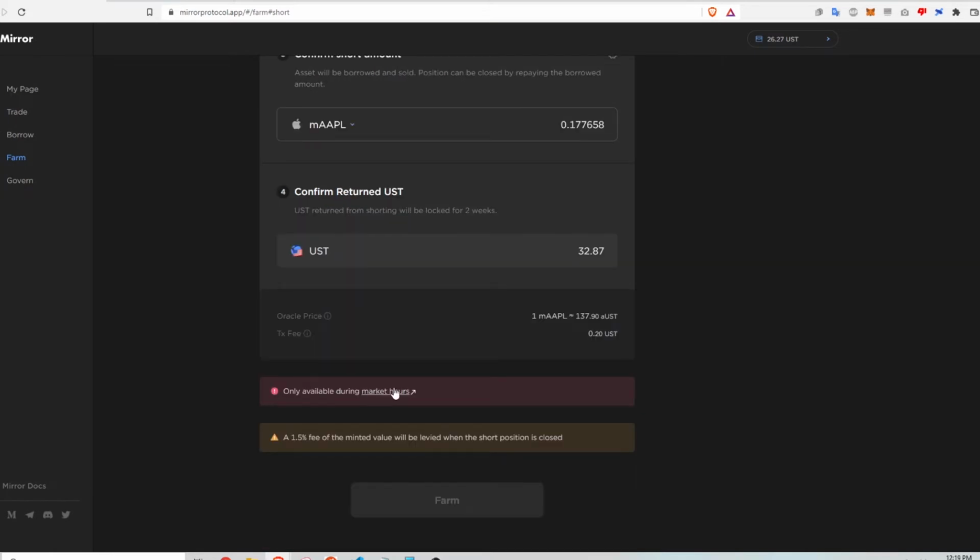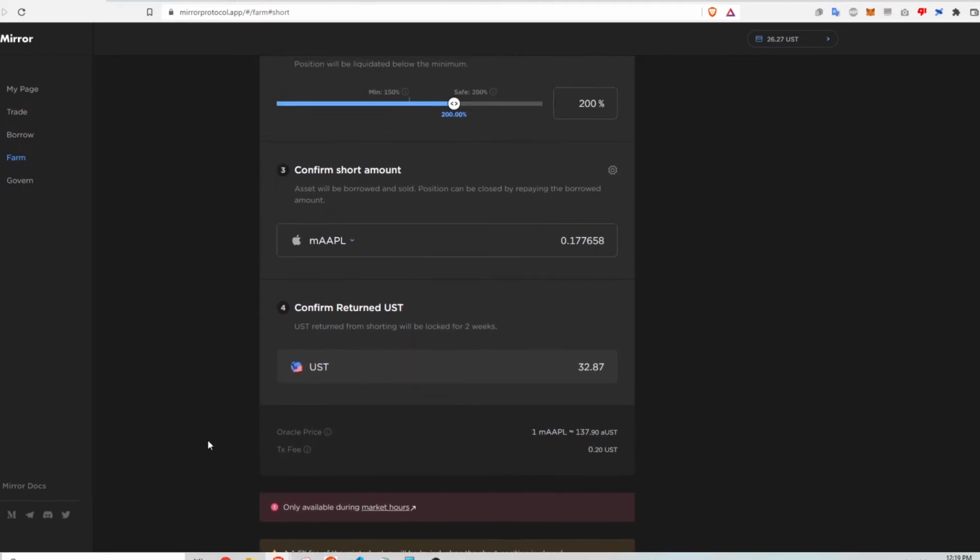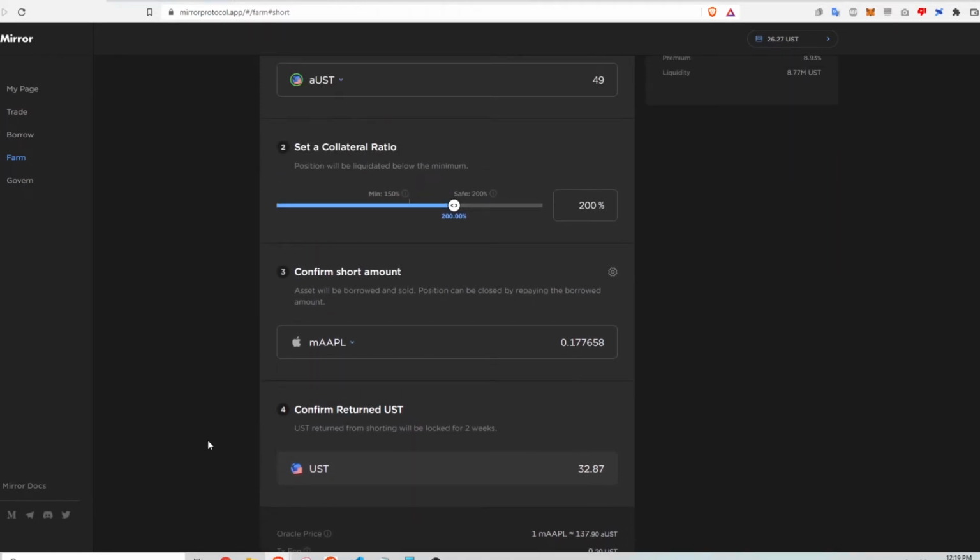I think there is some error with this, saying only available during market hours. The market is currently open, so I don't know why I'm getting this error. But ideally, I would click farm, and that would open up a short position on MApple that is worth 30 UST.